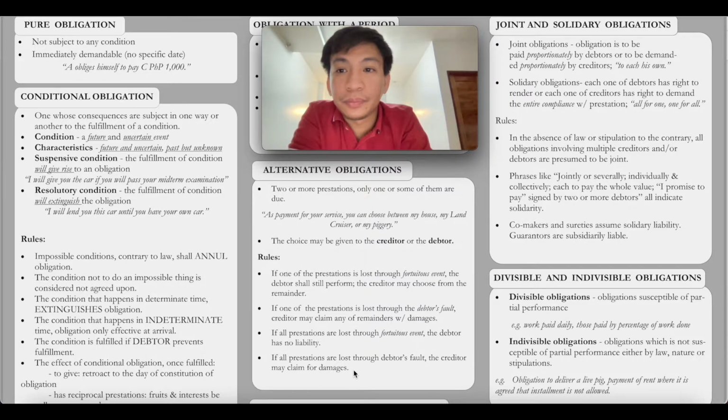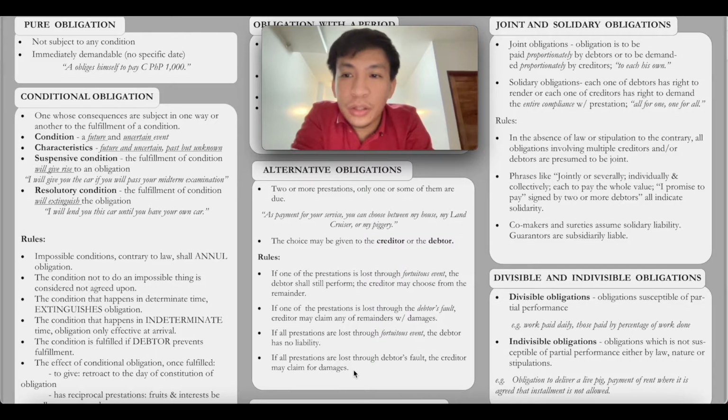So here, in joint obligations, yung obligation is paghahati-hatian ng mga nabayaran ng mga debtors or i-demand ng ilang creditors, maraming creditors ang magde-demand sa either isang tao lang or sa maraming tao. So kumbaga here, in joint obligations, kanya-kanyang hati doon sa kabuuan ng obligation.